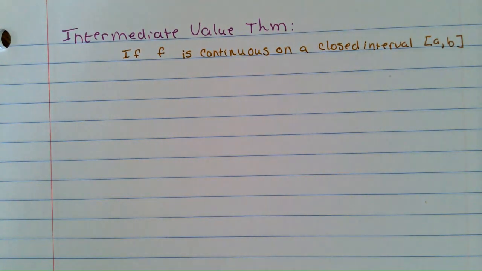Okay, so what that's saying is between this x and this x, your function is continuous. Meaning there's no gaps, there's no removable discontinuities, it is continuous.